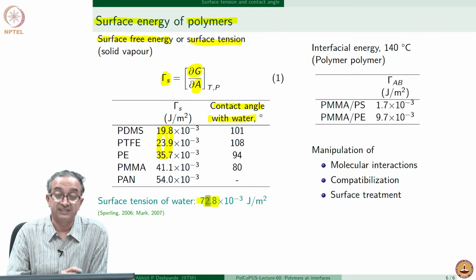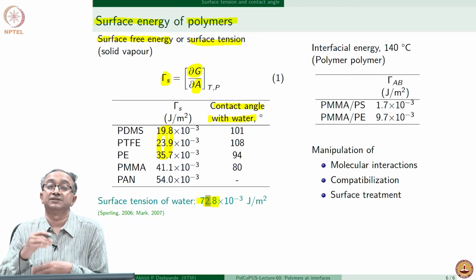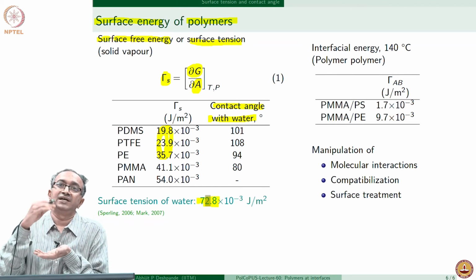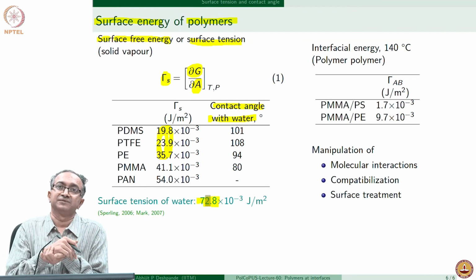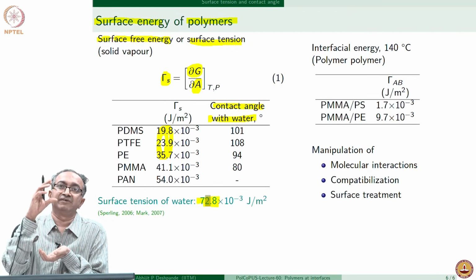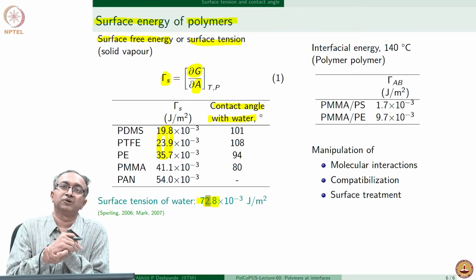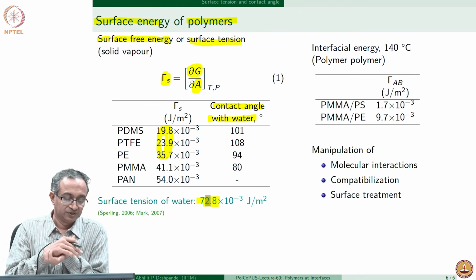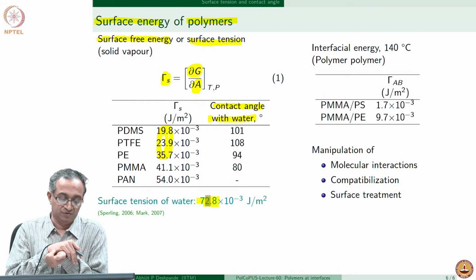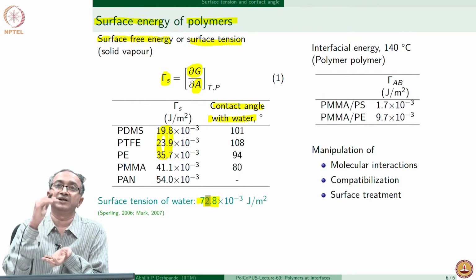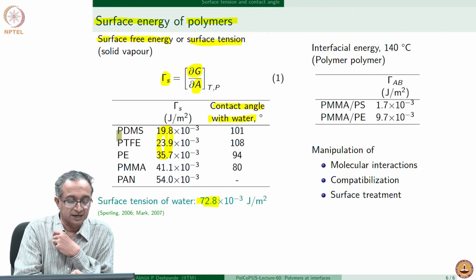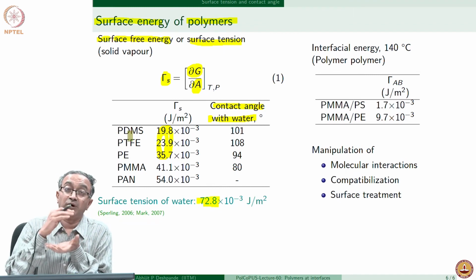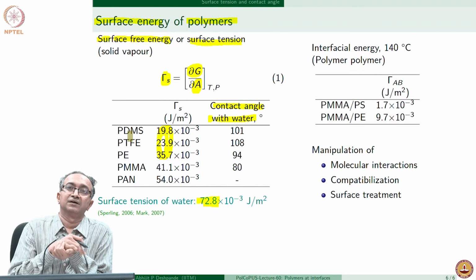In this case, when we say surface tension of water, it is water in equilibrium with its vapor air mixture, because when we have air on top, there is some amount of water molecules also there in the equilibrium. So, that is the interfacial tension of water, interface of liquid and vapor. While these quantities are again interface of polymer with gas phase.